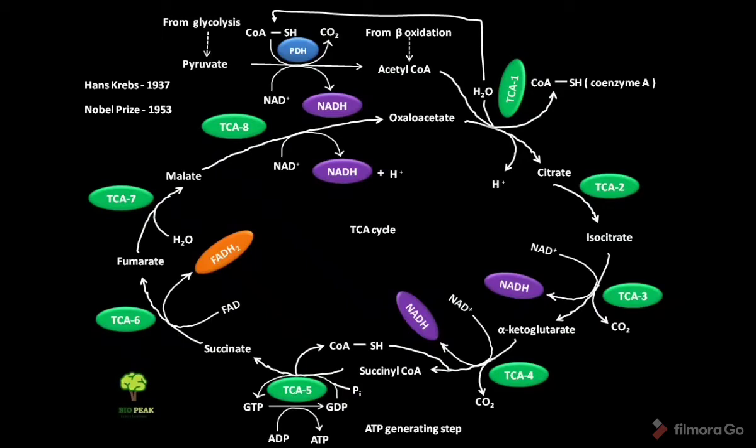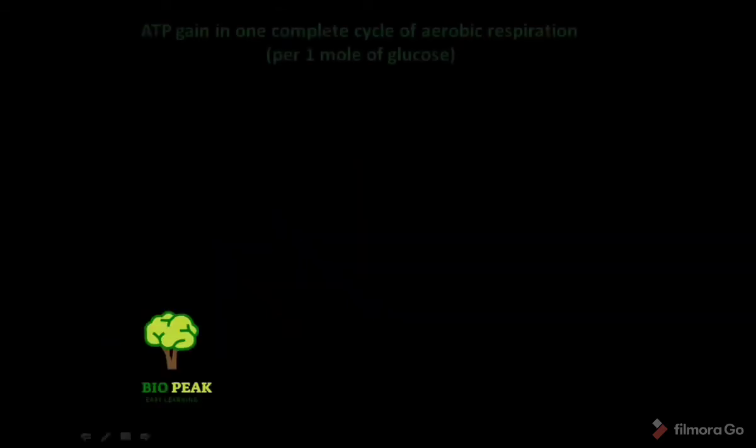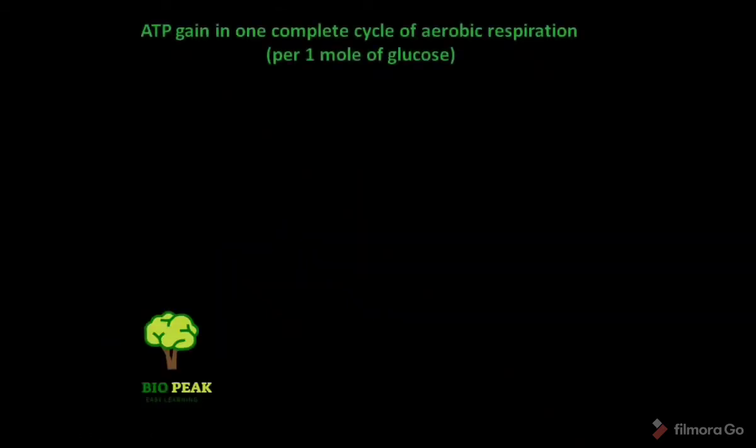Now let us calculate the ATP gain in one complete cycle of aerobic respiration per 1 mole of glucose. First of all, we have to remember that one NADH2 goes through ETS or electron transport system in the mitochondrion and forms 3 ATPs.